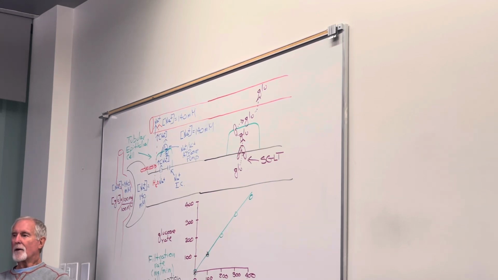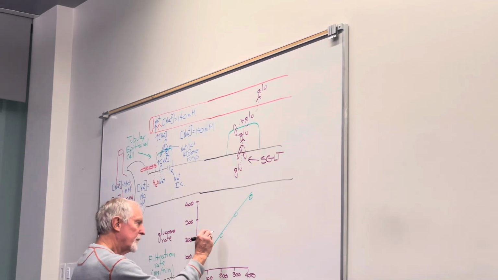Okay, well, let's have you surmise something different. So if the concentration of glucose in the blood is 200 milligrams per 100 mLs, what do you think the reabsorption rate will be? I think it's going to be 200. Yeah, that's right, it'll be 200. This is pretty simple.